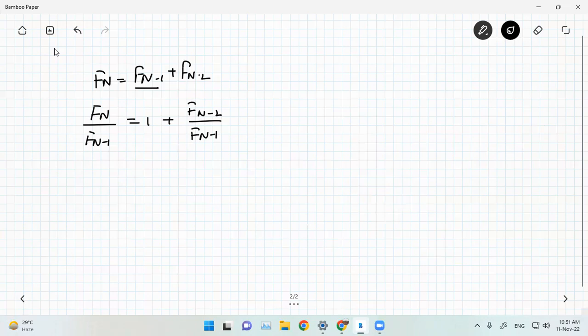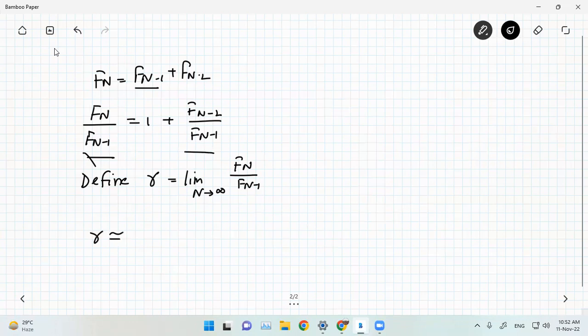Okay, so now if we define gamma equal to limit n tends to infinity of Fn by Fn minus 1, and apply this formula here, we can write the equation as gamma equals 1 by gamma plus 1.